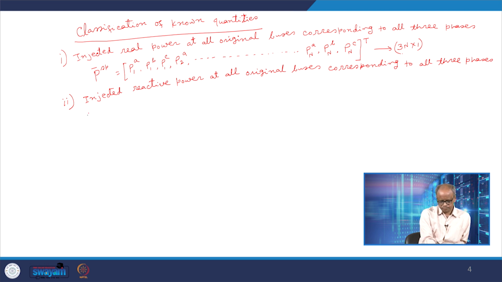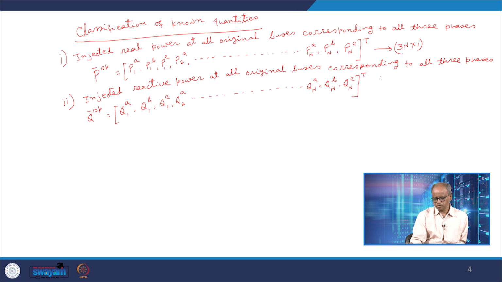So we denote it as QSP, the Q specified vector. So it is again Q1A, Q1B, Q1C, Q2A, and so on, up to QNA, QNB, QNC, transpose.